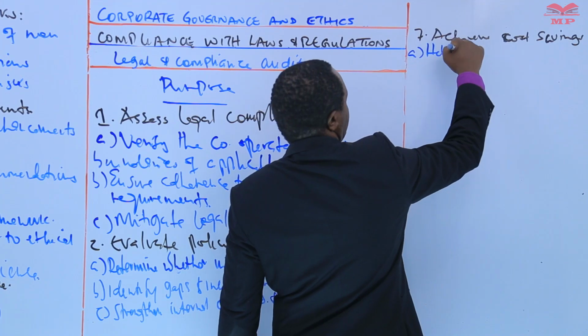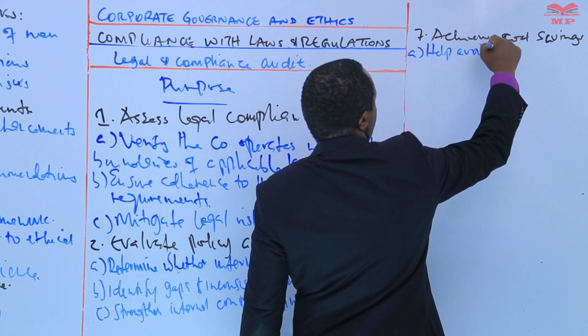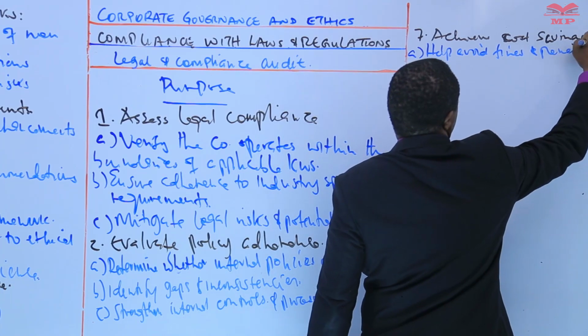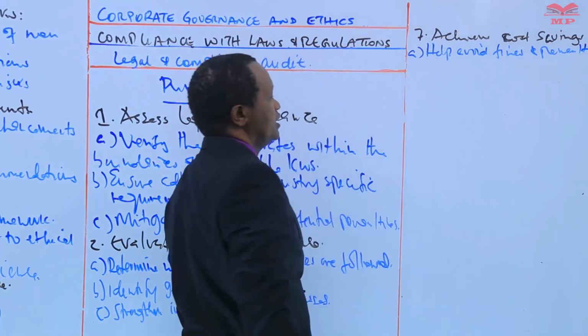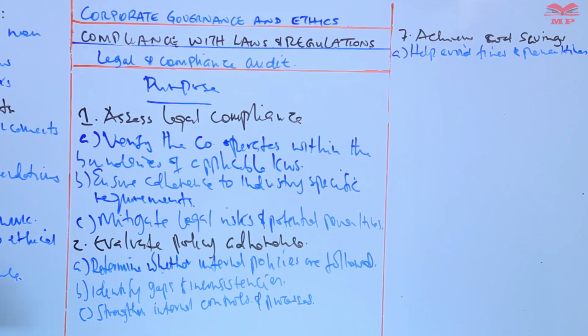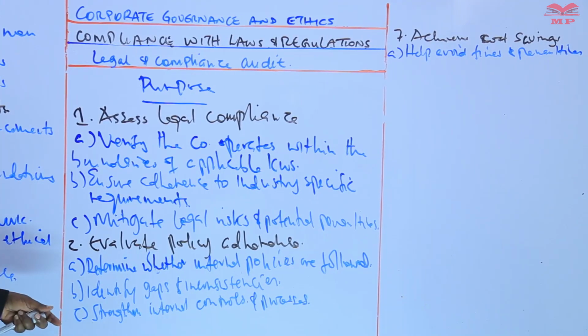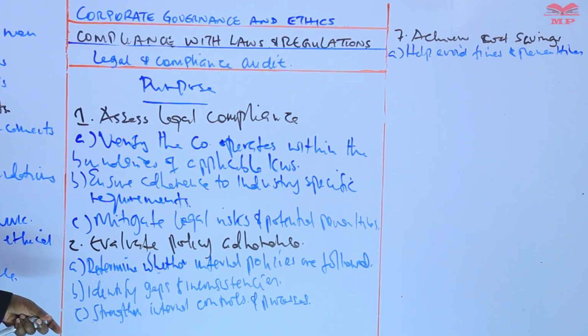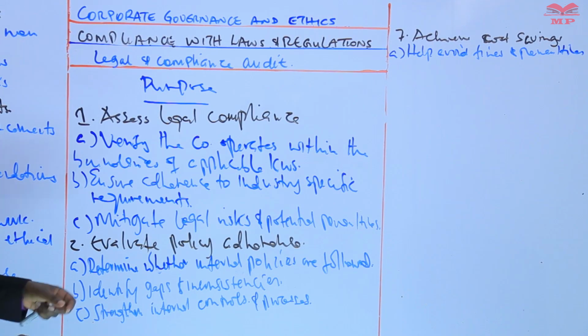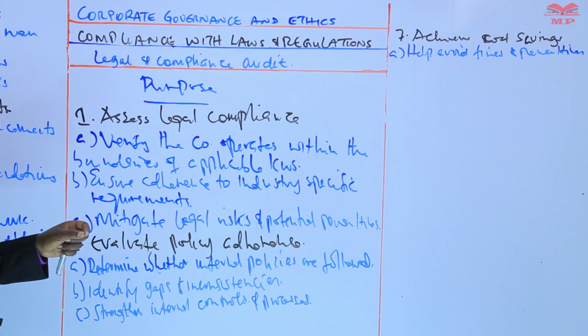It can help avoid fines and penalties, because the purpose for carrying out a legal and compliance audit is to evaluate if the company is complying with the legal requirements.